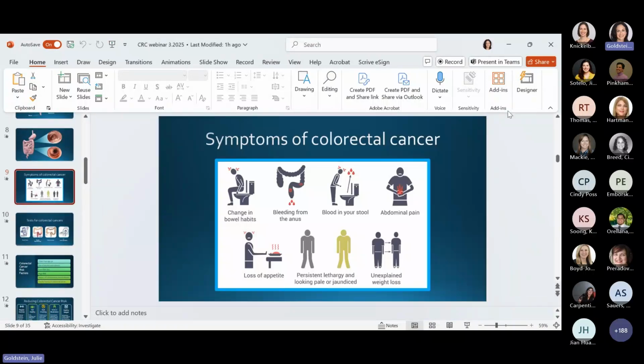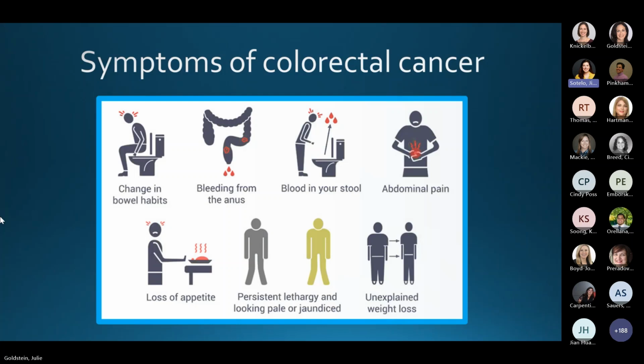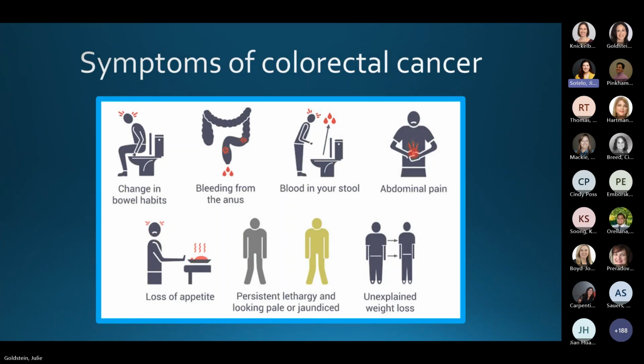Let me pull up the symptoms. Can you say that again, Jillian? Yep. Can you talk a little bit about the difference between genetic testing for inherited cancer risk versus some of the genetic testing that might be available for IBD, IBS?